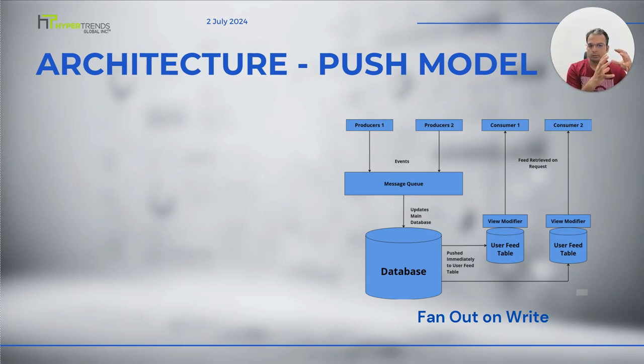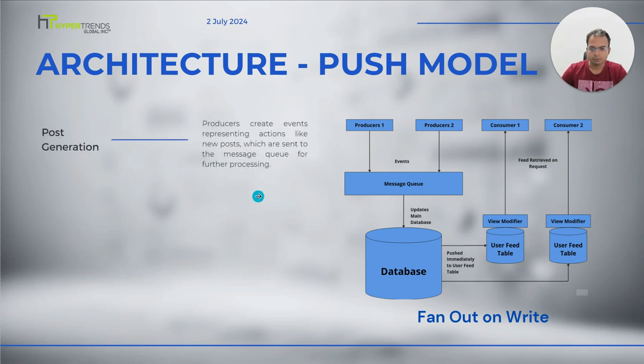There will be one producer producing the data, and some consumers consuming it. This cycle, from producer to consumer, has different mechanisms and patterns to complete, and one of those patterns is the push model.